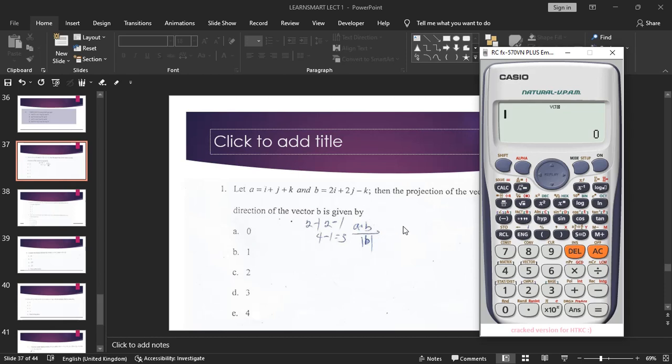And then after that you insert this formula. Now you have to find A dot B, that's our dot product.